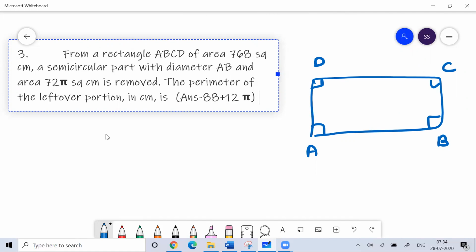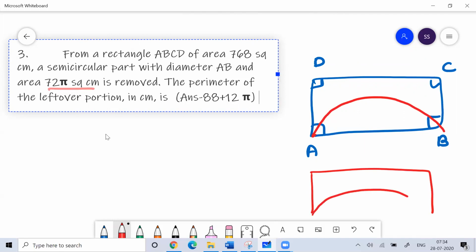From this rectangle, a semicircular part of diameter AB and area 72 pi is removed. So you remove this part, and after this you are left with this part only.